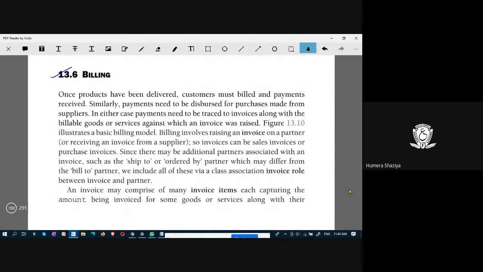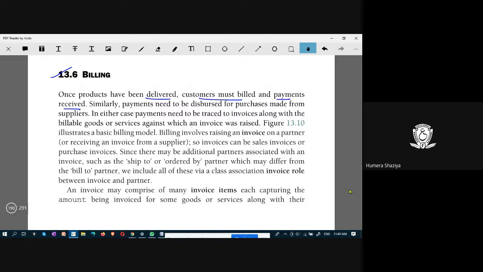Okay. Coming to billing. Once the product has been delivered, the customer must be billed and payment must be received. Again, as you know, there are orders nowadays on e-commerce websites which are COD, cash on delivery after the product is delivered, or it can be prepaid orders.